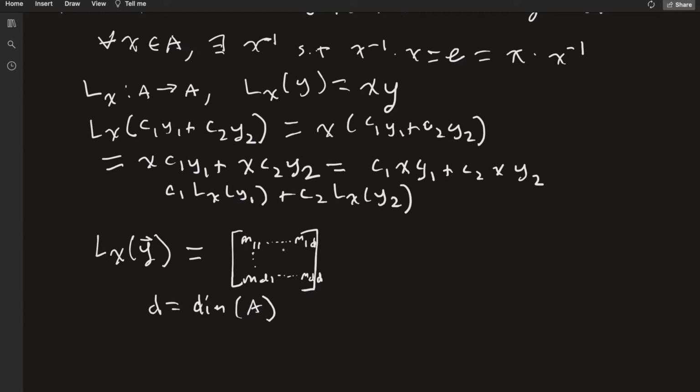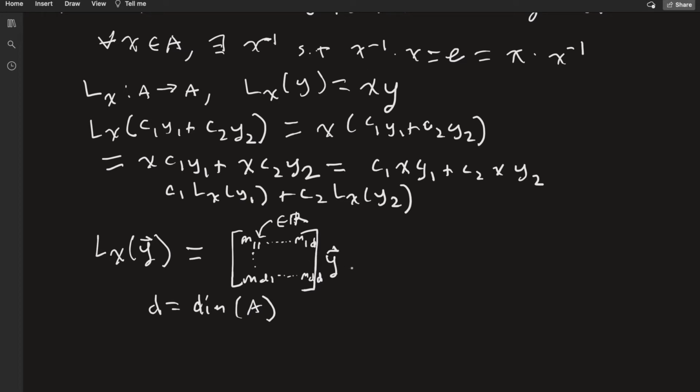So Lx of y is just this matrix applied to y, right? Furthermore, the entries are real numbers because this vector space is actually over the reals.